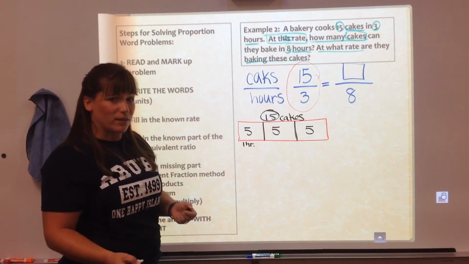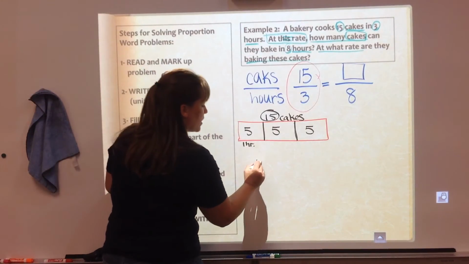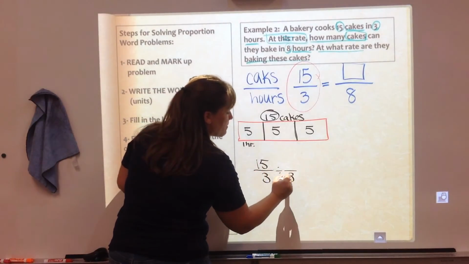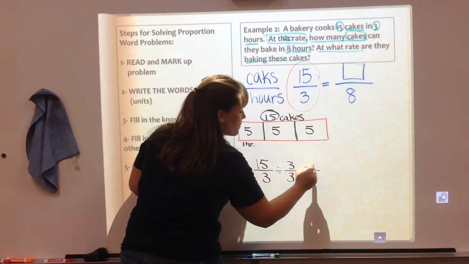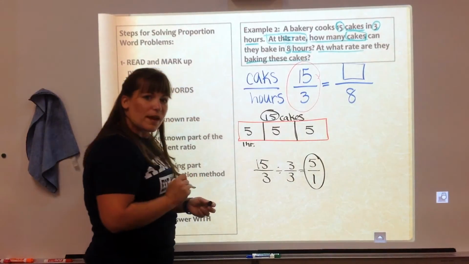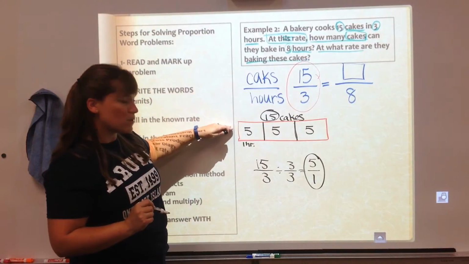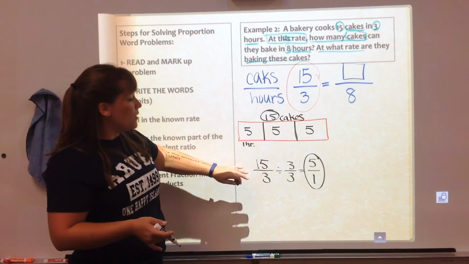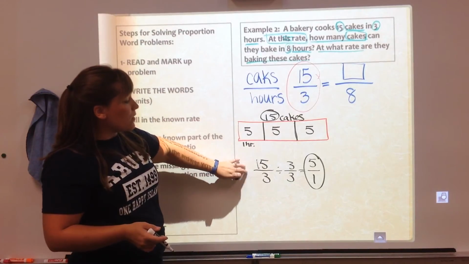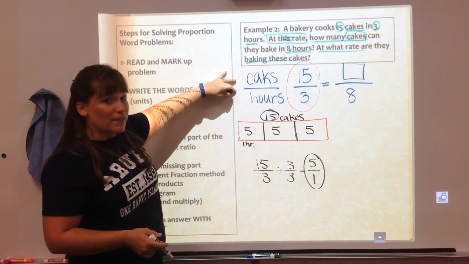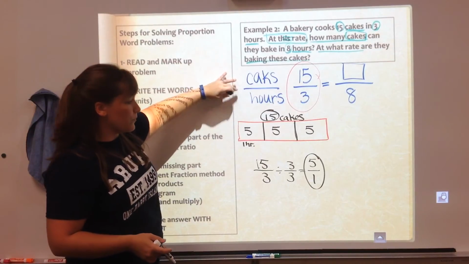Now mathematically, I could also take that 15 and find the unit rate by dividing by 3/3. And I would get 5 cakes every hour that way. So you can draw the picture. You can also just find the unit rate. Now we can easily go back up here and find the answer for 8 hours.